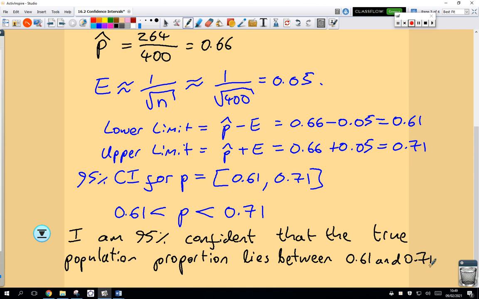Or you could put that into percentages, 61% and 71%. So that's how I would interpret that.